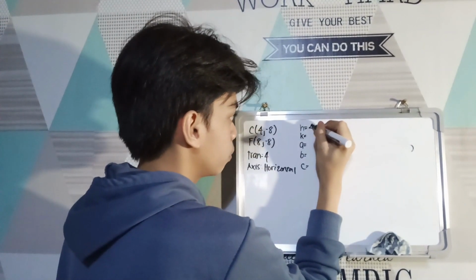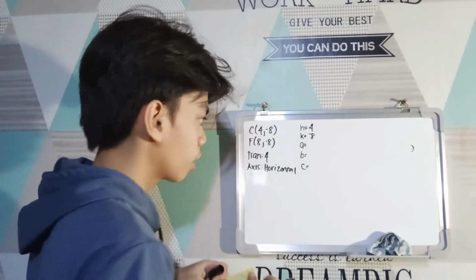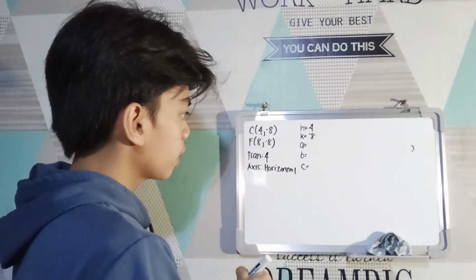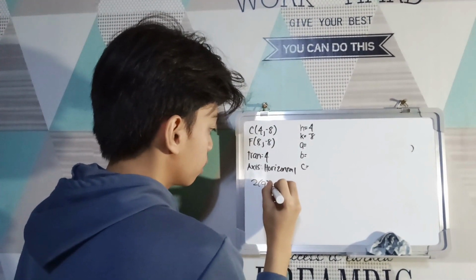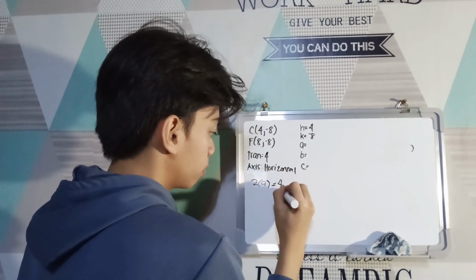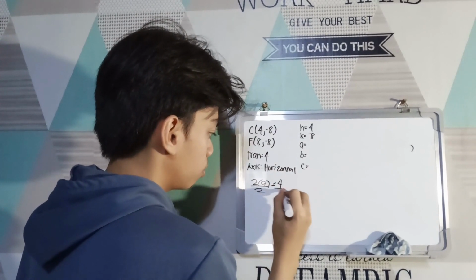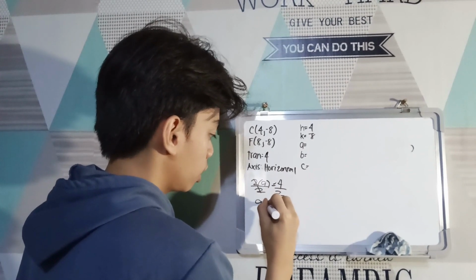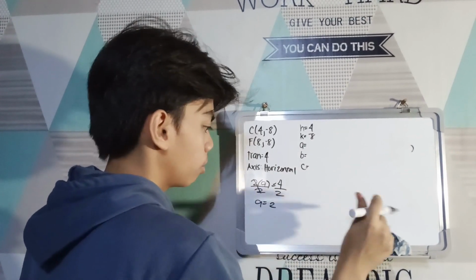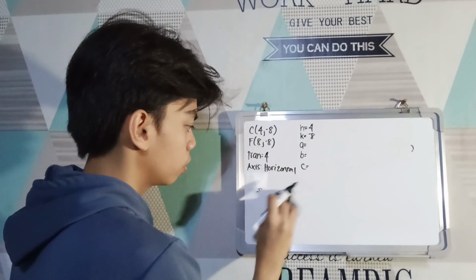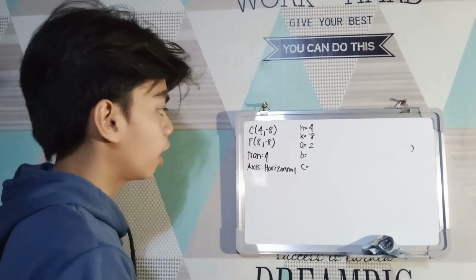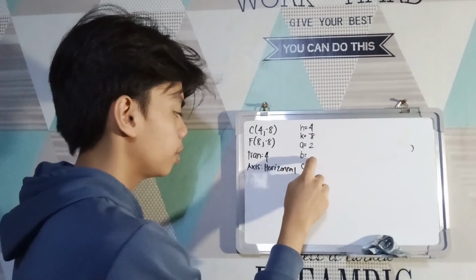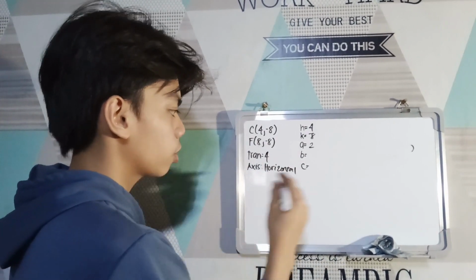So, copy lang natin yung 4 and yung negative 8. So, ang transverse axis sa horizontal is 2 times a. So, it equals 4. Then, divide 2 both sides. So, a is equals to positive 2. Since wala tayong given na endpoint, so hindi natin masasolve si b. So, skip muna natin si b, proceed tayo kay c.